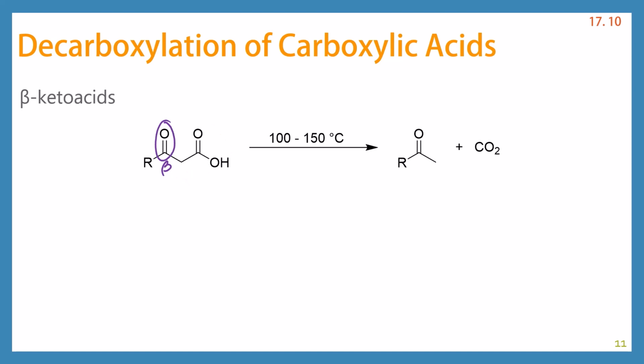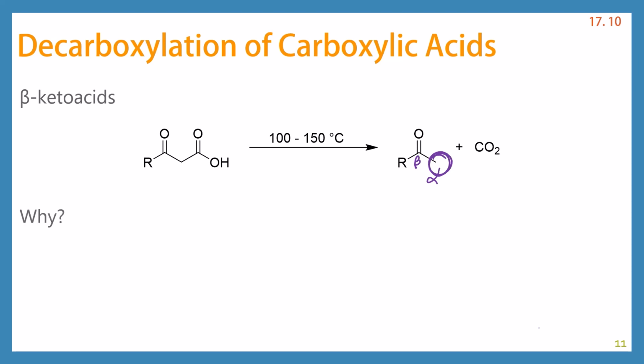Now, if you heat up a beta keto acid, you're going to end up losing an equivalent of carbon dioxide, which is decarboxylation. And you're also going to end up with a ketone or aldehyde or other carbonyl compound. Now, the number one mistake is that students end up losing the alpha carbons, so you want to make sure that you still end up with your alpha beta carbons.